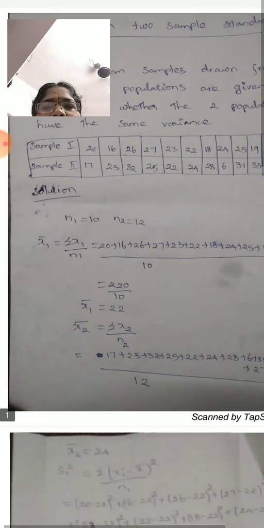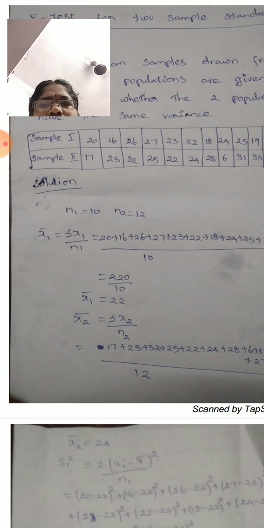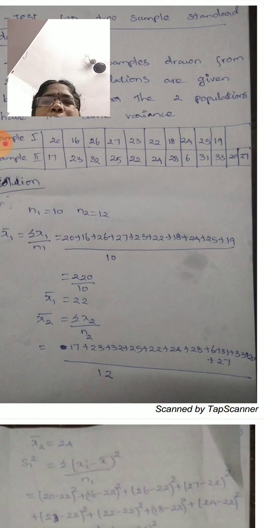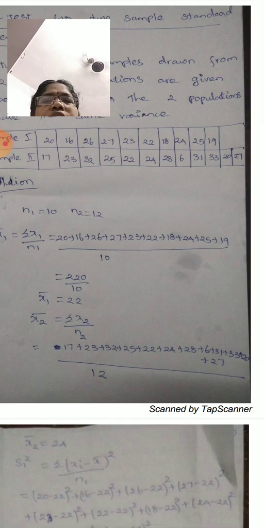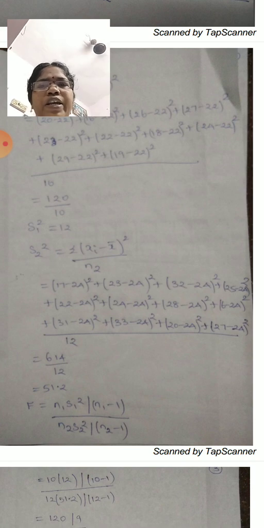Here xi values are from sample 2: 17 minus 24 whole squared, plus 23 minus 24 whole squared, plus 32 minus 24 whole squared, plus 25 minus 24 whole squared, plus 22 minus 24 whole squared, plus 24 minus 24 whole squared, plus 28 minus 24 whole squared, plus 6 minus 24 whole squared, plus 31 minus 24 whole squared, plus 33 minus 24 whole squared, plus 20 minus 24 whole squared, plus 27 minus 24 whole squared, divided by n2, which is 12.